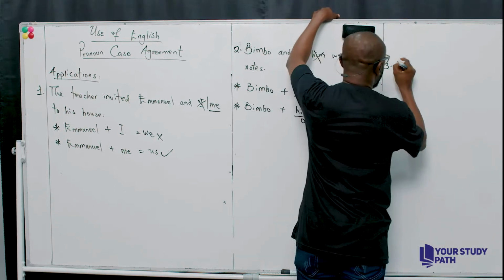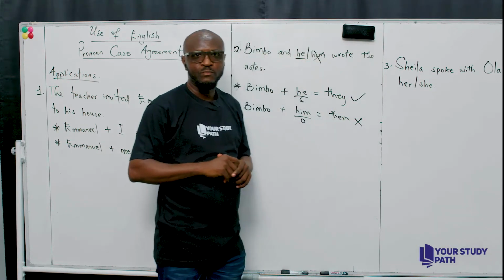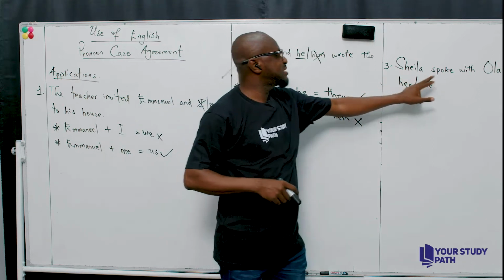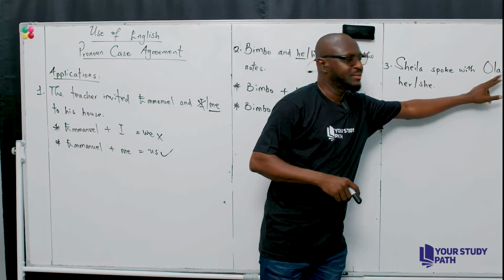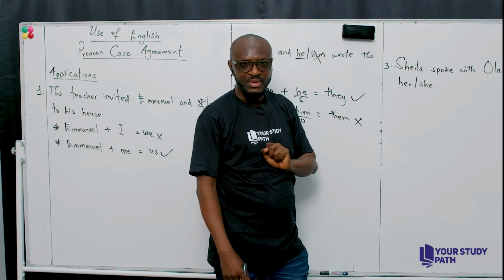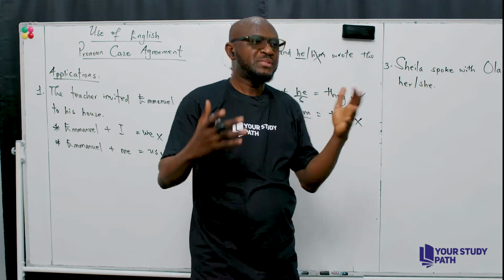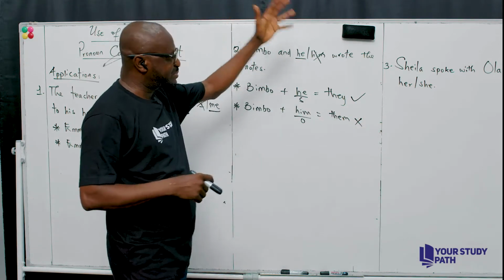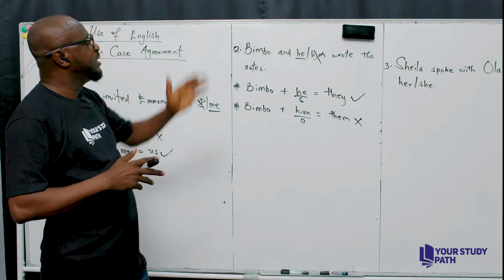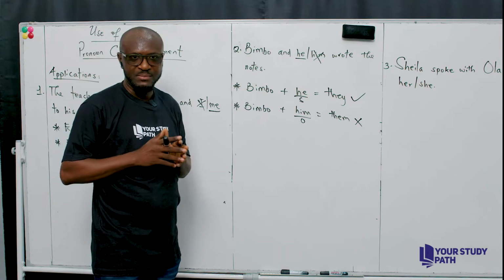Now we have Sheila spoke with Ola and her / she. Now the task we have here is this. Are we to say that Sheila spoke with Ola and her is correct? Or we say Sheila spoke with Ola and she is correct?